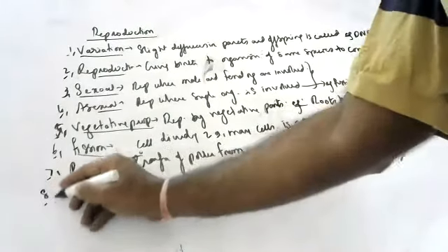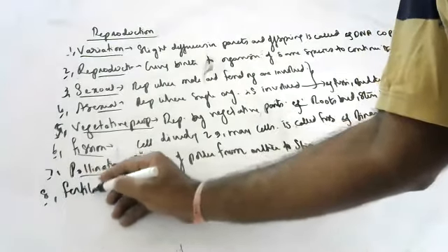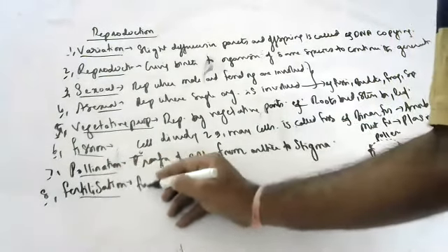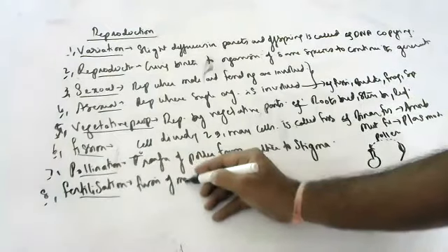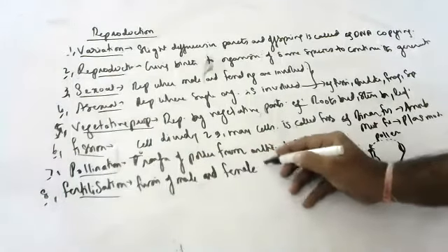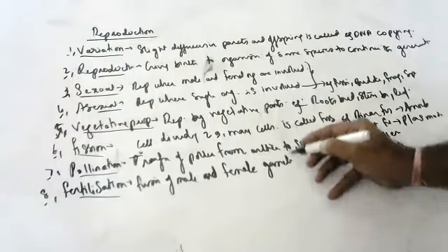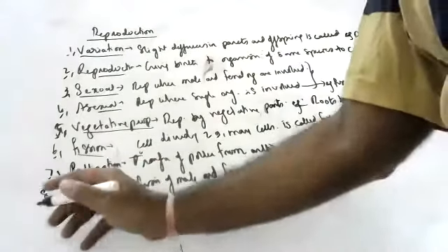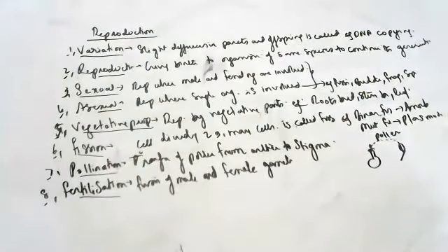Next, fertilization. What is fertilization? The fusion of male and female gametes is called fertilization. There are two types of fertilization: internal and external.